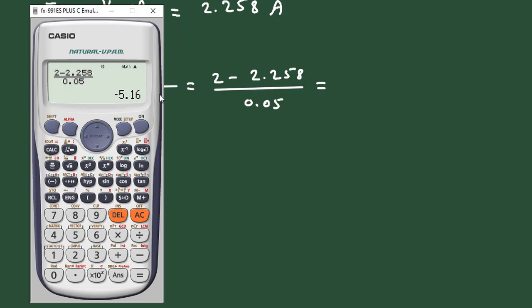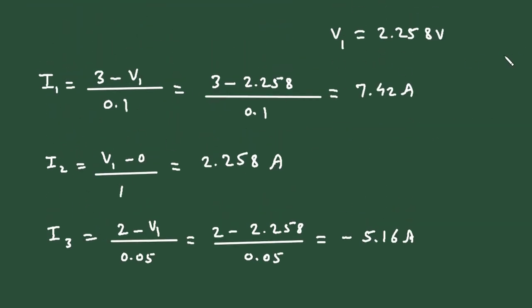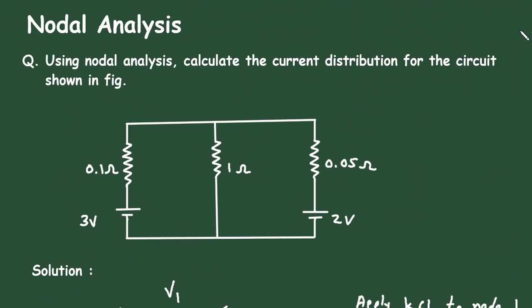So it is minus 5.16 ampere. So this is how we can find the branch currents and node voltage by using nodal analysis.